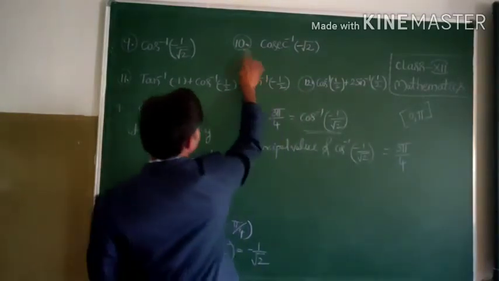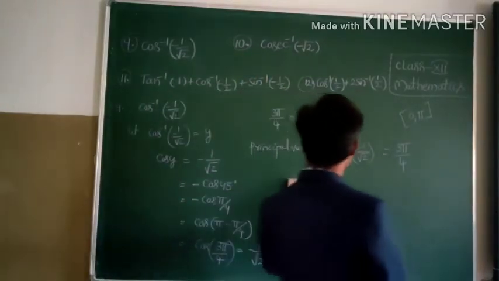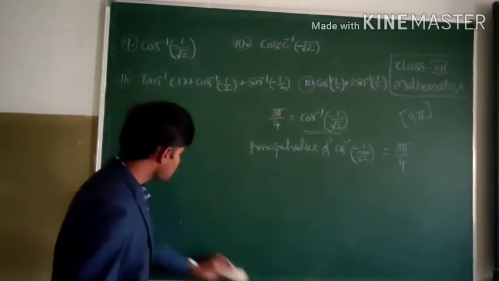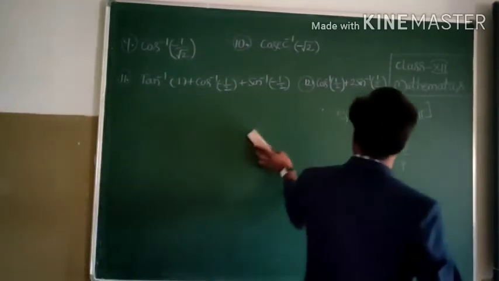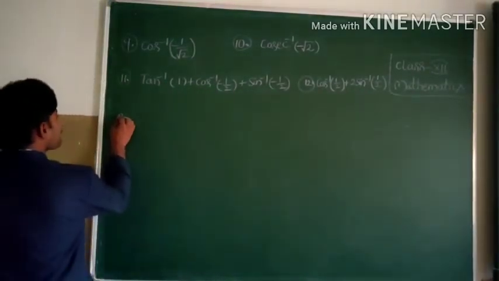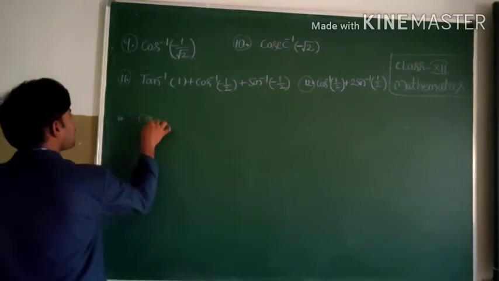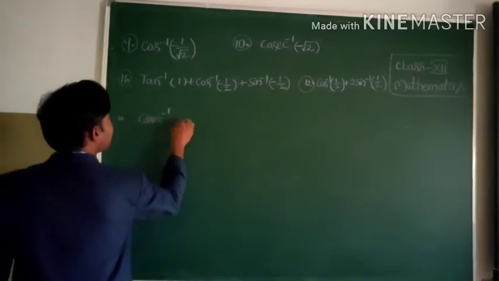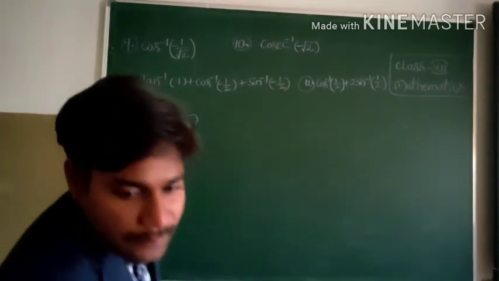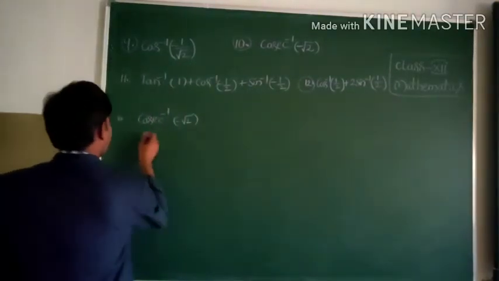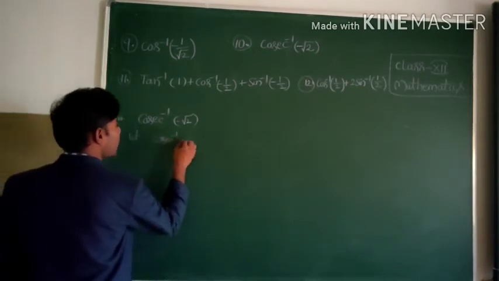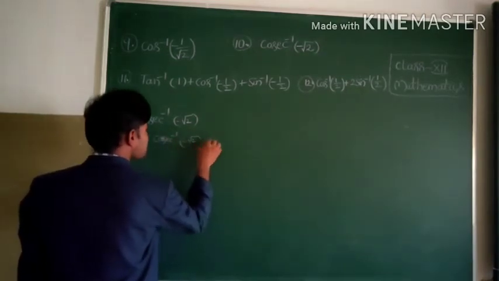Now let's see the 10th problem. For the 10th one we also follow the same procedure. Firstly, the 10th one is cosecant inverse of minus root 2. Let cosecant inverse of minus root 2 be equal to y.